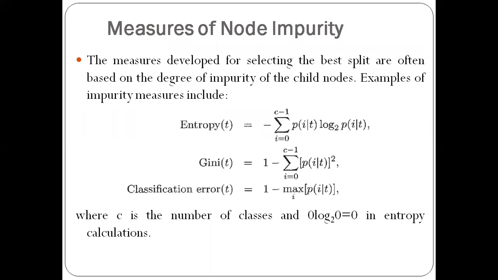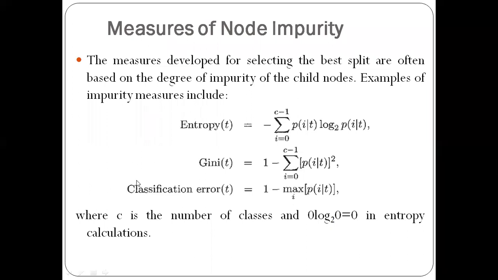For measuring that goodness, we have these measures, which are based on the degree of impurity: entropy, Gini index, and classification error.